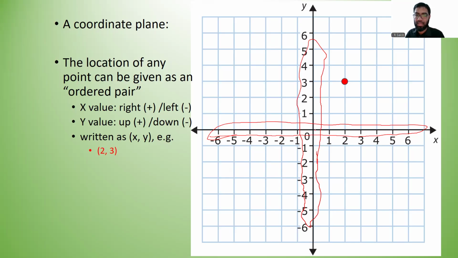We can move 2 steps to the left, 1, 2, and then 3 steps above, 1, 2, 3. So here we have the coordinates 2 and 3, as you can see in the red dot.